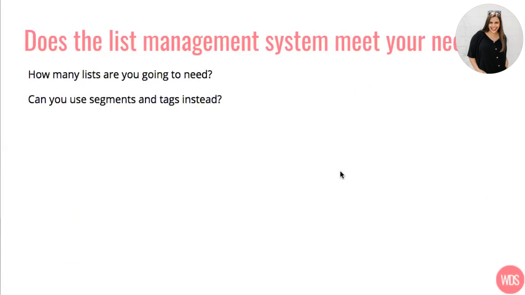That can be really helpful to know ahead of time. But the thing is, with segments and tags, you can actually take one list and create multiples, right? So I could even have all of my clients and all my prospects on one list. But if I segment and tag them correctly, I'm able to use that one list constantly. And that's really helpful also in budgeting, because the more lists you have, oftentimes the more money you have to pay. So let's talk about segments and tags real quick.